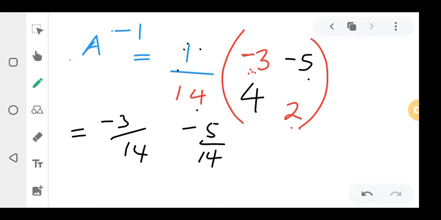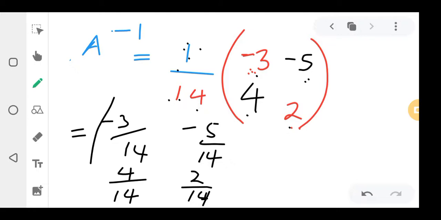Again, 1 over 14 times 4, it will become 4 over 14. 1 over 14 again times 2, it becomes 2 over 14. See, all the numbers there, they will be over 14. Then, this is the inverse.